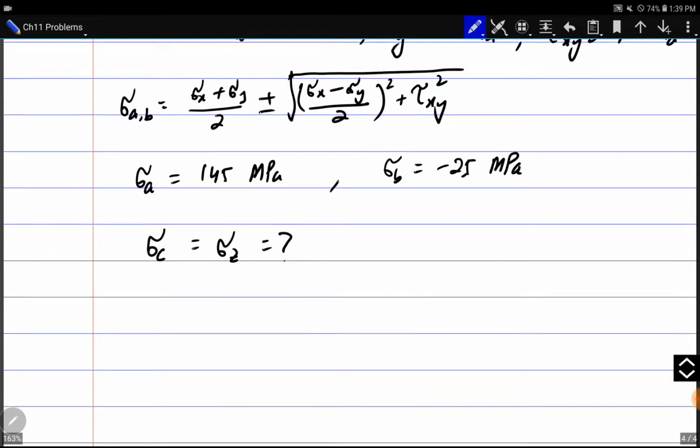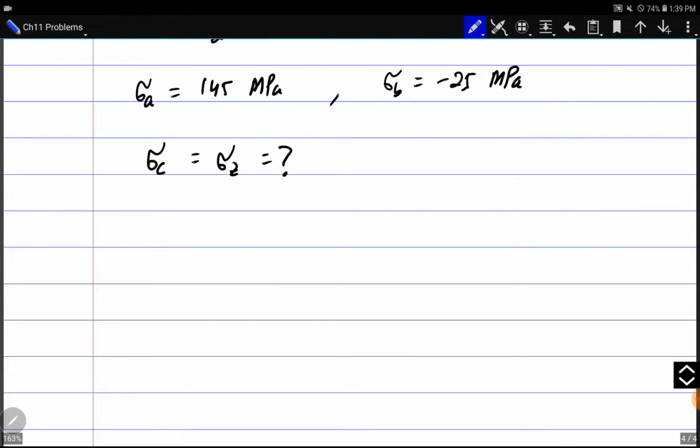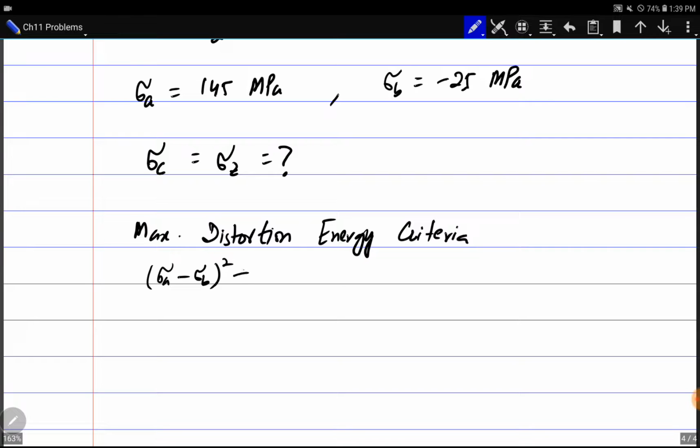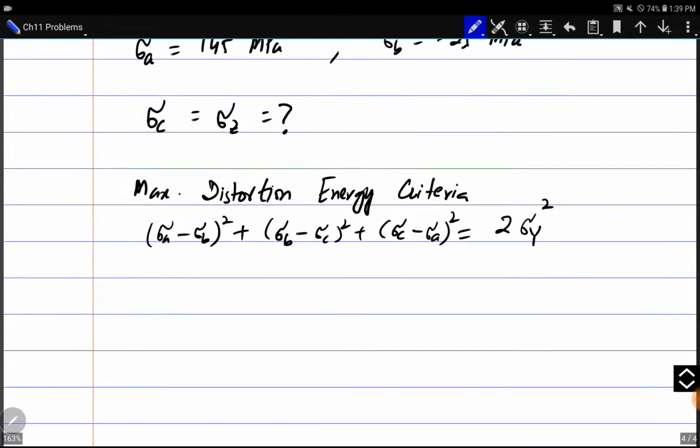For three-dimensional state of stress, we have discussed earlier in our theory the maximum distortion energy criteria. It is sigma A minus sigma B squared plus sigma B minus sigma C squared plus sigma C minus sigma A squared is equal to 2 sigma capital Y, yield strength, squared.